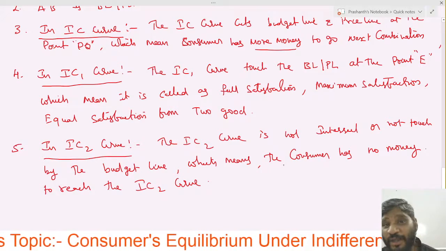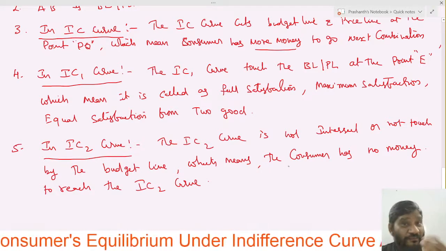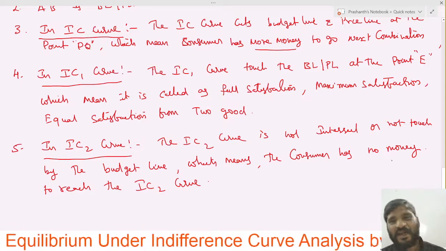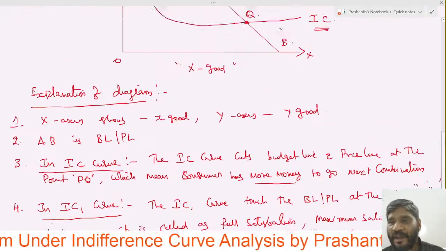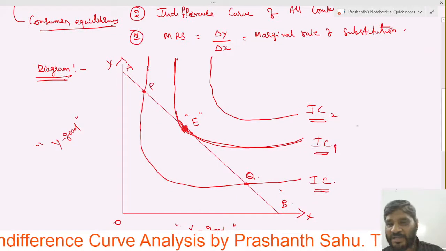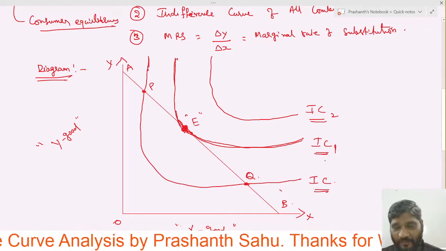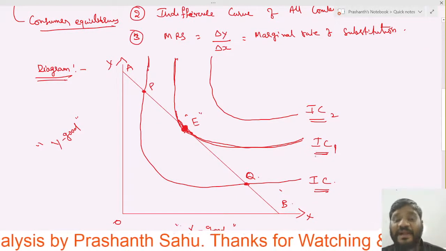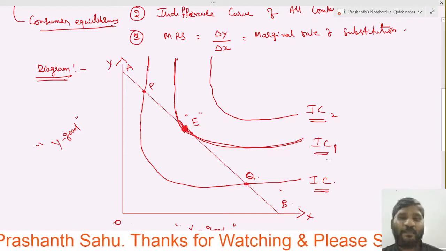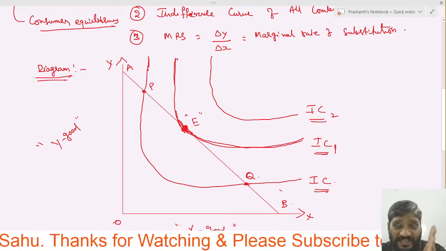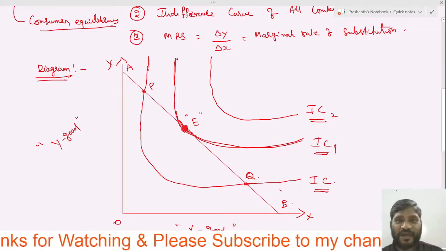Where did it finish? In the IC1 curve, everything he had, he has spent. Right? So why? Because in the IC1 curve, it touches the budget line and price line. If it touches, full satisfaction.